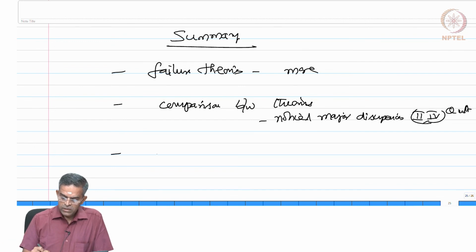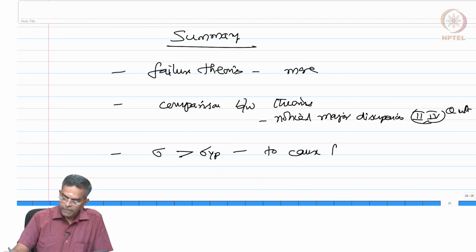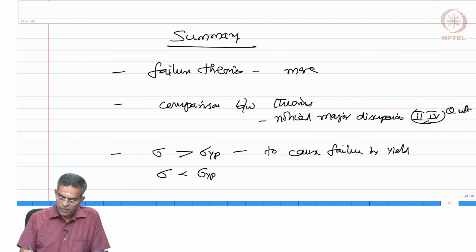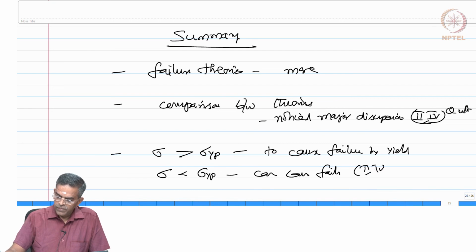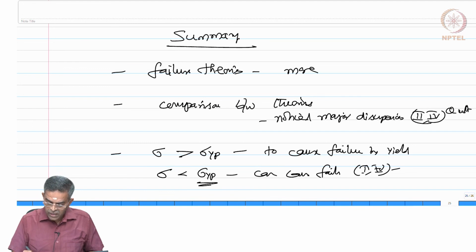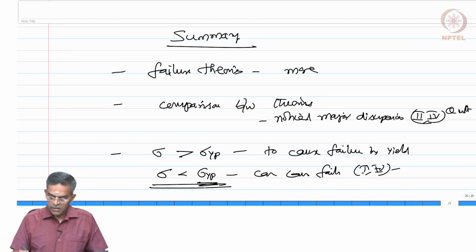We have also learnt the stress needs to be more than sigma yp to cause failure by yielding. That is what one of the theories says. The other theories say stress even at less than sigma yp can cause failure in quadrants 2 and 4, is it not? Which is not acceptable, because if I take yielding as a failure criterion, no stress lesser than yielding can cause me failure.